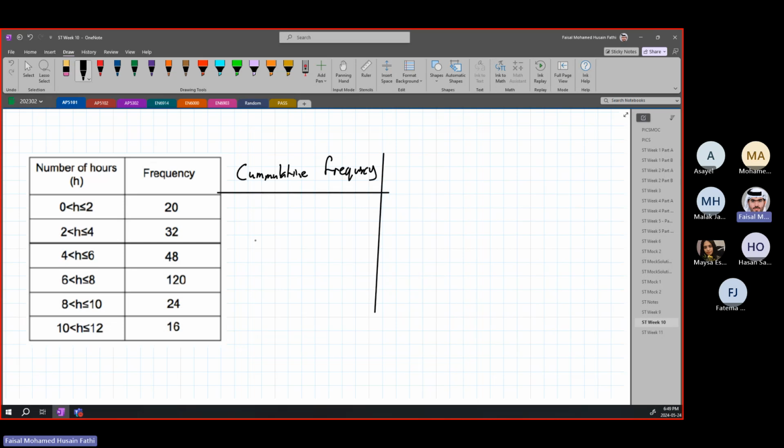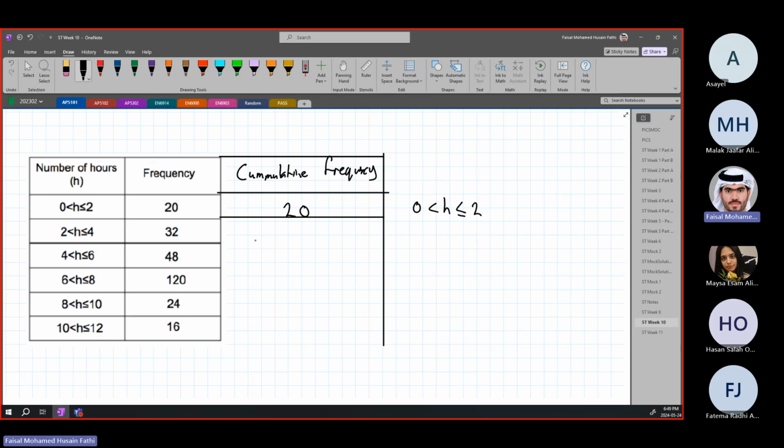What does this mean? Cumulative frequency means it's as if we are adding all the frequencies and moving forward as we add, meaning that we are looking at the range from 0 less than h less than equal to 2 for the first one, all right? So it is 20. The starting point is always going to be the same as the actual frequency, okay? So this is 20.